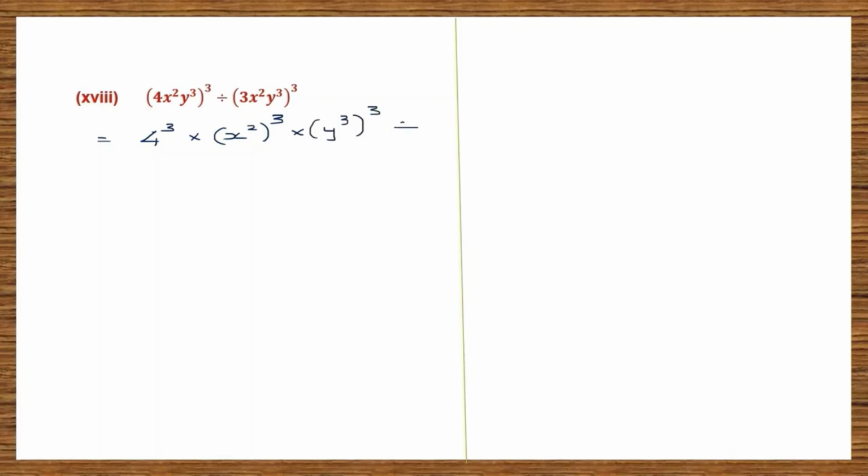This is divided by the next set here, which is all raised to the power of 3 again. So that means 3 is raised to the power of 3 into x square, which is already raised to a power, is again raised to the power of 3, into y, which is already raised to the power of 3, is again raised to the power of 3.